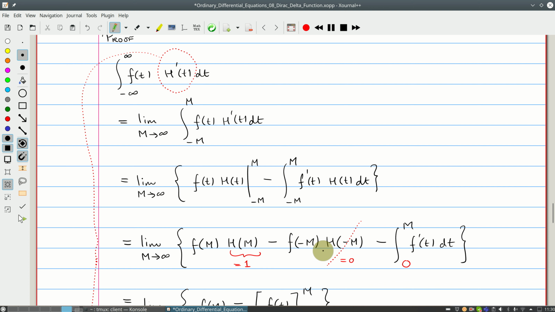So this simplifies our boundary terms, and then we have this integral here can be written as minus the integral from 0 to m, because when t is at any negative value, h of t is 0. The only non-zero h of t is when t is positive, 0 or larger than 0. So we can take the integral from 0 to m of f prime of t, and then in that case h of t is 1. So I can put a 1 there.